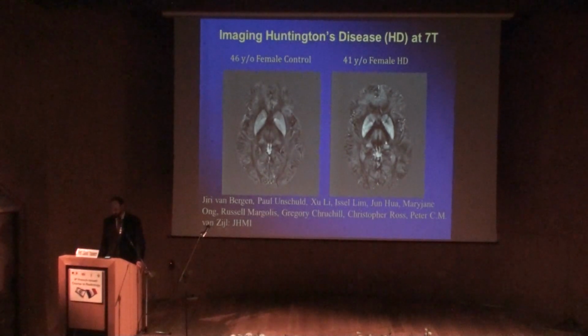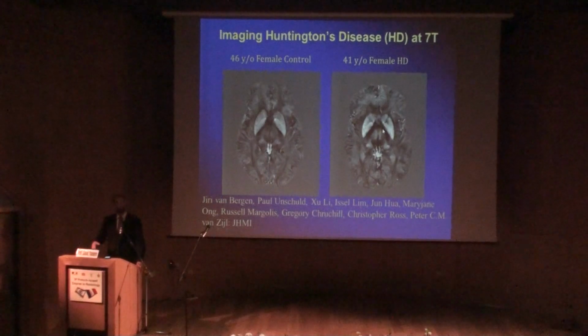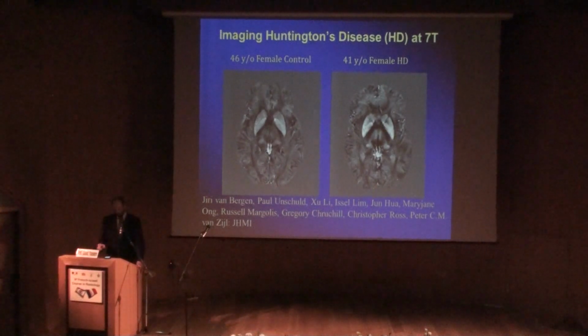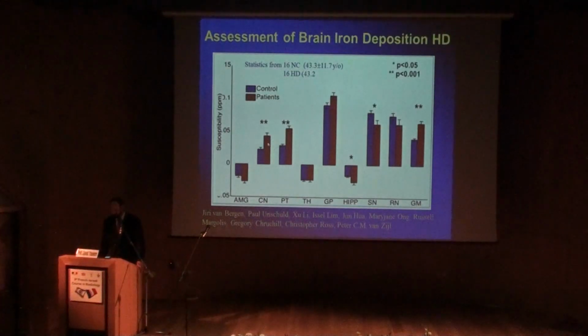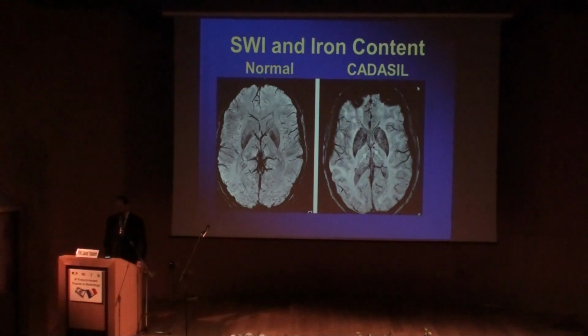This is a 41-year-old patient with Huntington's disease. As you can see, based on the brighter signal representing more iron, there's more iron deposition in the caudate and the globus pallidus in patients with Huntington's disease. This can be demonstrated here in the caudate nucleus, putamen and globus pallidus region, with the asterisks demonstrating a p-value less than 0.001.